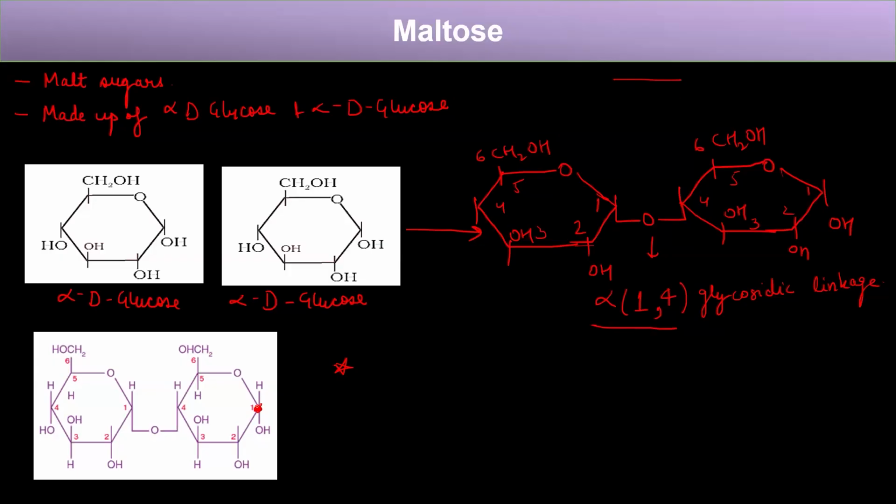So in the case of maltose, we can clearly see the carbon is free. Hence, since it has a free carbonyl carbon, it is a reducing sugar. Okay. So this is maltose, and it is also the example of alpha 1,4 glycosidic linkage, right?